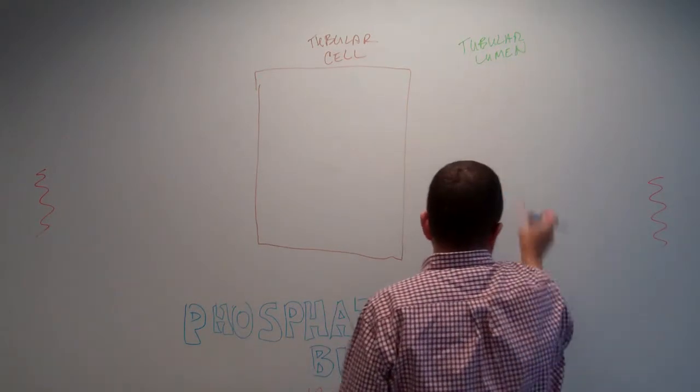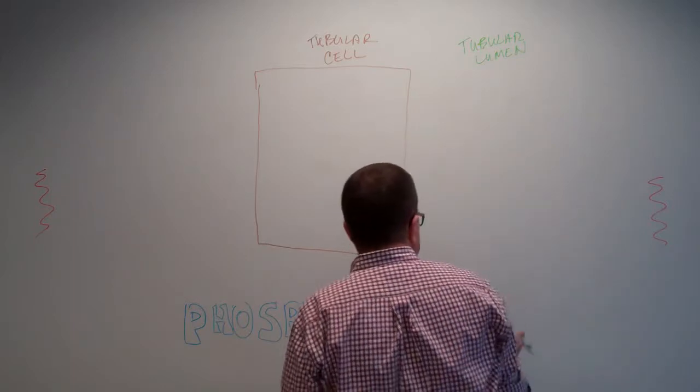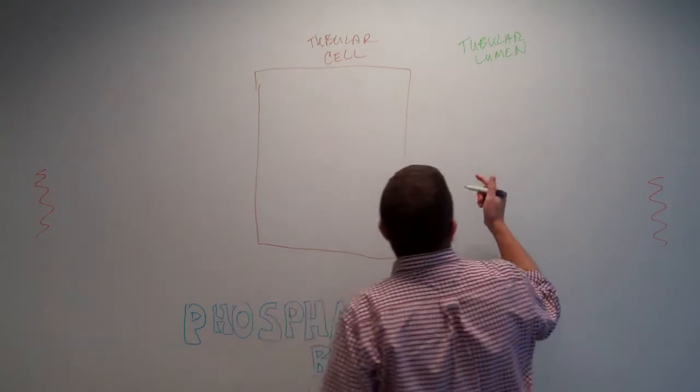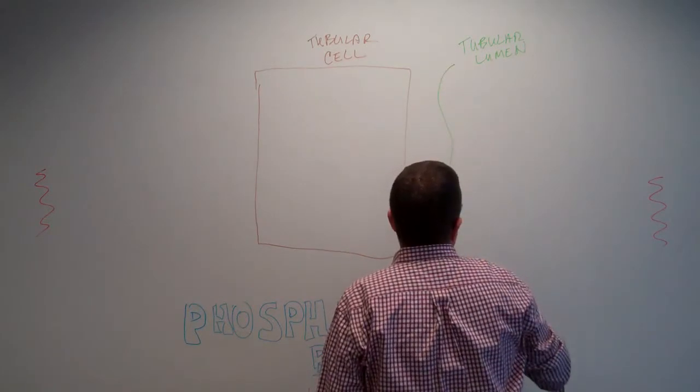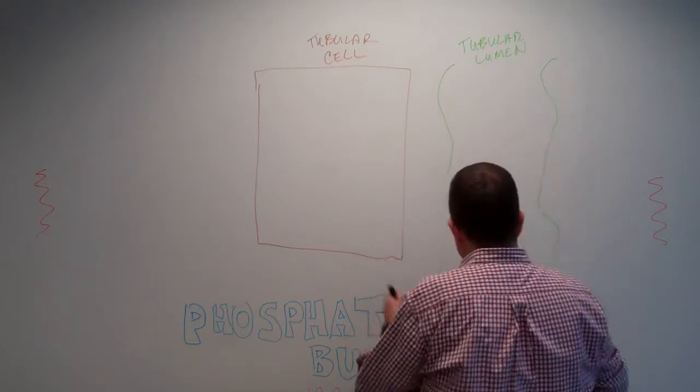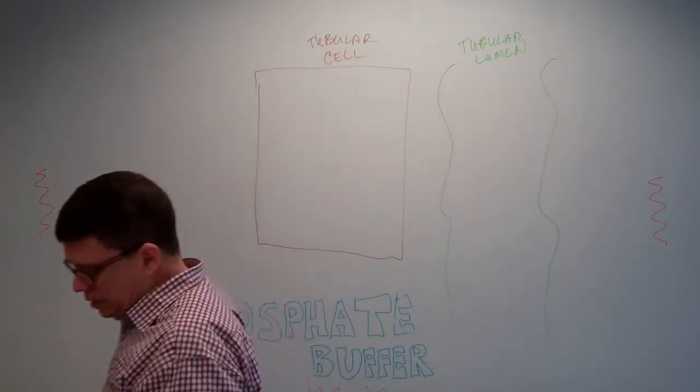Whatever fluid ends up on this side eventually heads towards the urine and out of the body. So I'm just making kind of a vessel-like structure over here for things to cross in and out of.